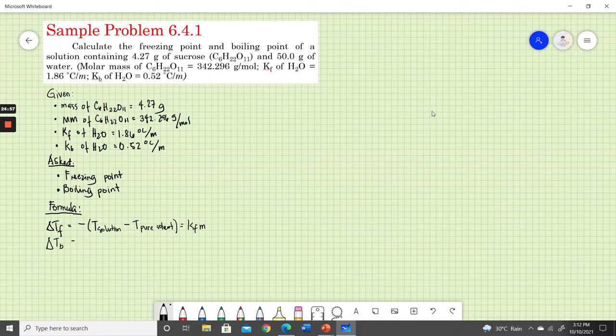And the change in temperature of the boiling point is equal to the new temperature of the solution minus the original boiling temperature of the solvent, which is equal to Kb m.